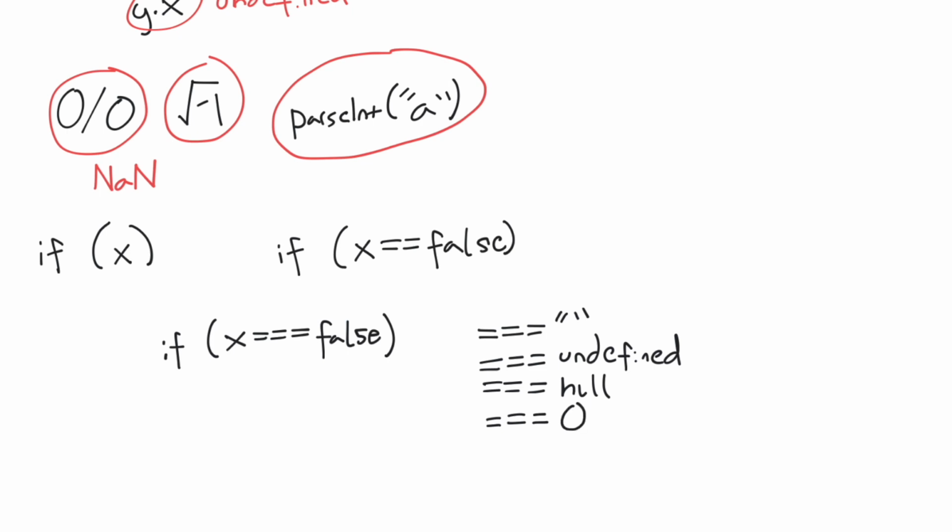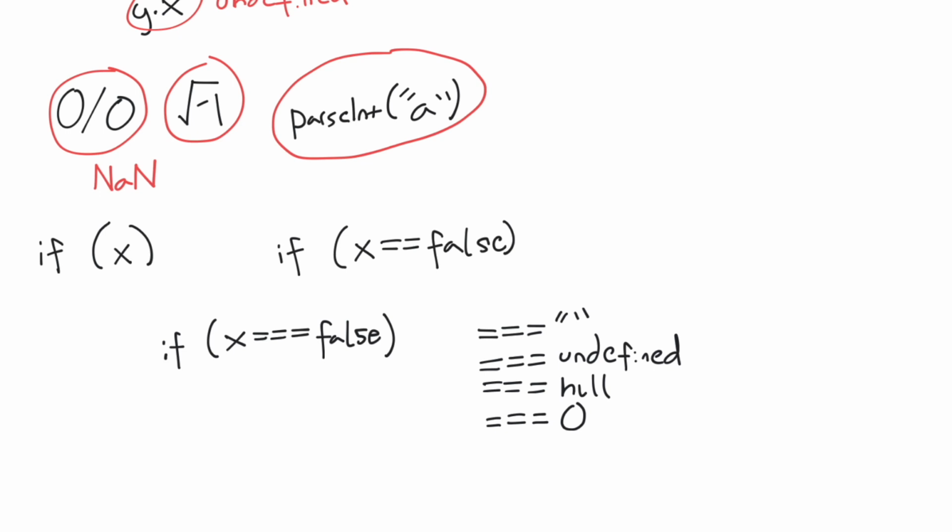Before I end this video, I'm going to leave you with one catch, and that catch is for not a number. The identity operator does not work with not a number. Let's not think about that too hard, why that is, but you can imagine that it has to do with the fact that not a number is really telling you what the variable isn't, and it's not really telling you what it is.